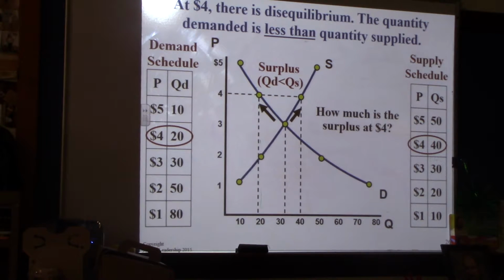How do we obtain it? We subtract the demand point at $4, which is 20 units, from the supply point, which is 40 units. Does everybody see that? It's pretty simple. We're also always going to know that quantity demanded will be less than quantity supplied in a surplus. Pretty easy.